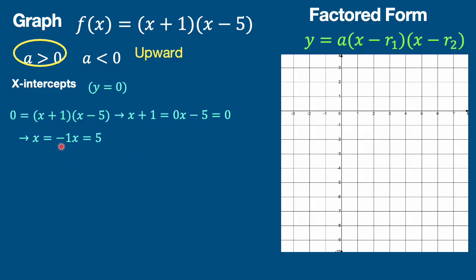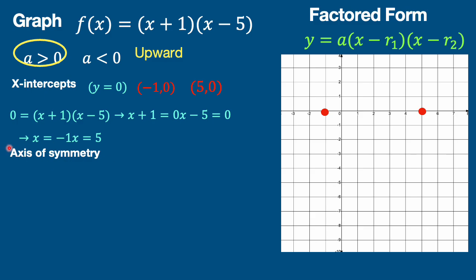So we find -1 and 5. The x-intercepts are -1 and 0, and 5 and 0. I plot them. See? So factored form really helps us find the x-intercepts quickly.